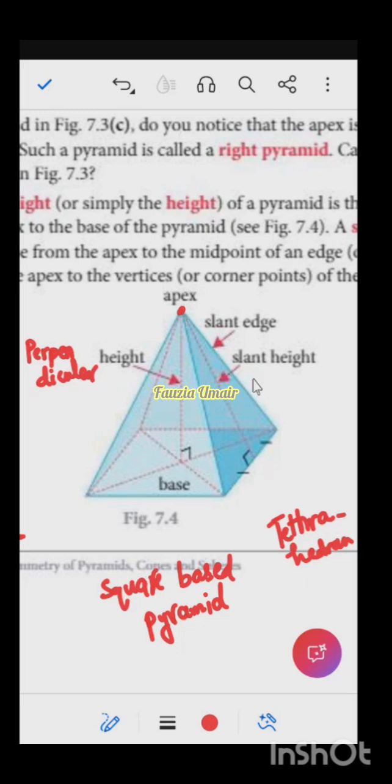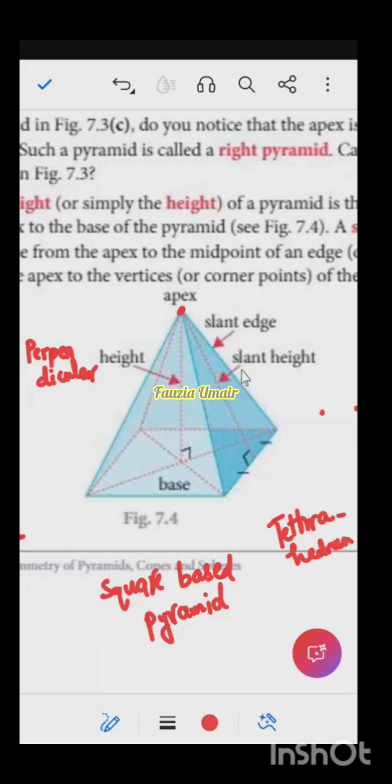So now comes the slant height. What is slant? You must have heard the term slanted surface. Slant is like a slide, slanted sides. So this is called the slant edge. And the height which is there on this, definitely this height is not the same as the perpendicular height. So this height is called slant height.